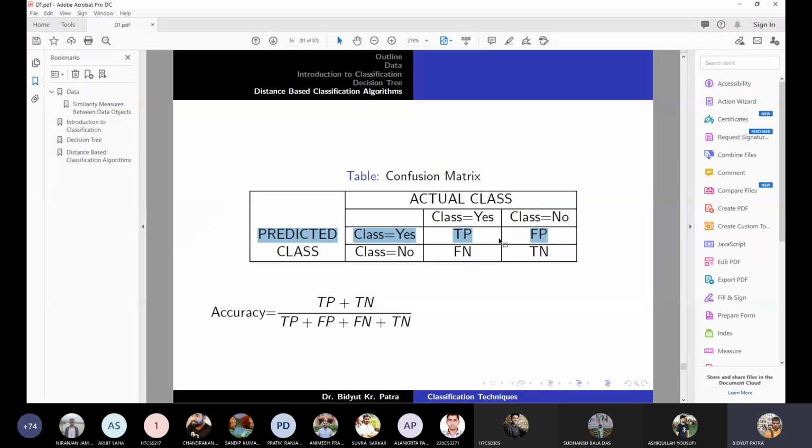Similarly, the total number of negative classes predicted by the classification algorithm, in the second row, is FN plus TN. Now, if you see it column wise, this is the actual scenario. The actual number of positive classes is TP plus FN, and the actual number of negative classes is FP plus TN.